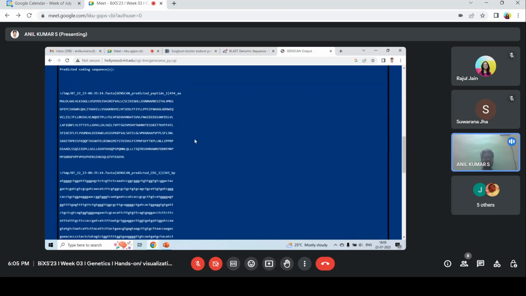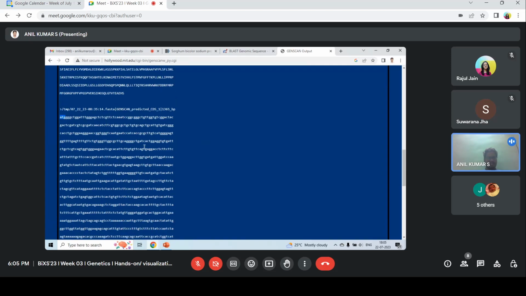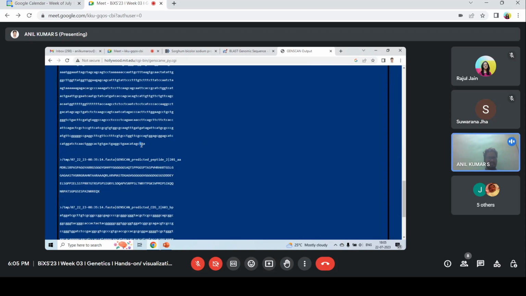See here, now you got a much bigger amino acid sequence. At the same time, if you see here, methionine is there at the first base. We can cross check with the nucleotide sequence also. ATG codes for methionine, and at the end, TGA is the stop codon. By this, our search is completed.